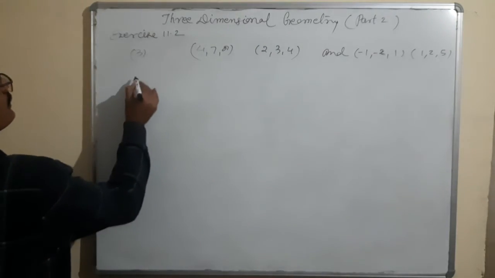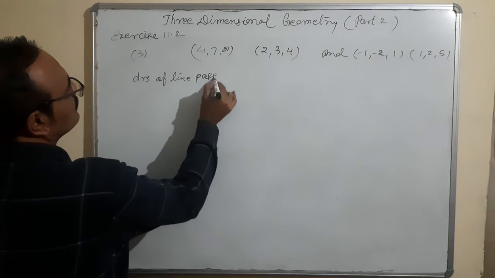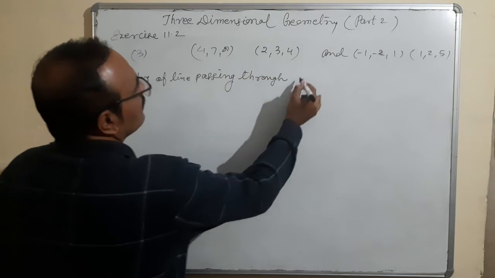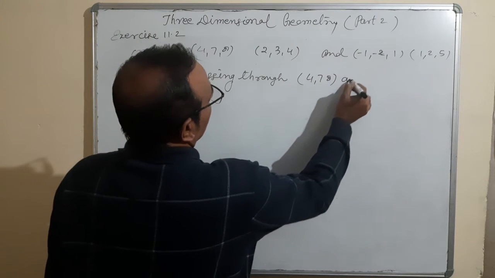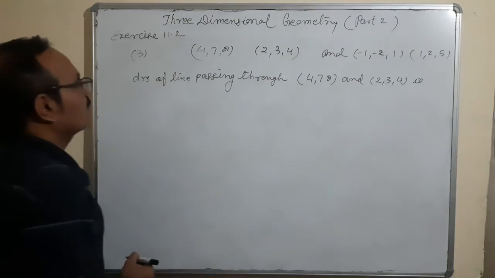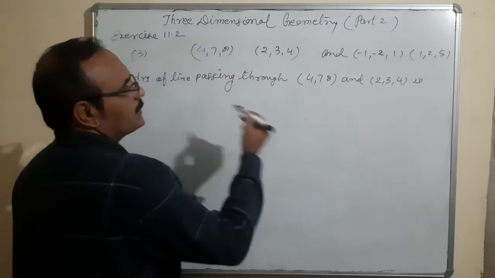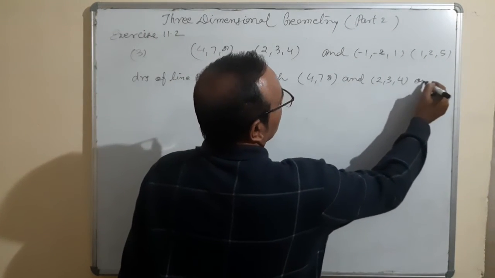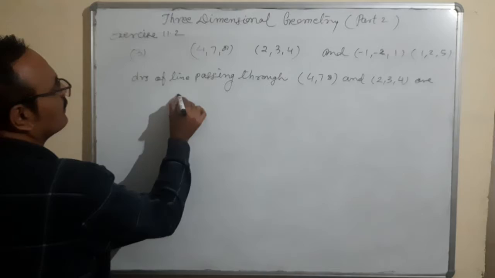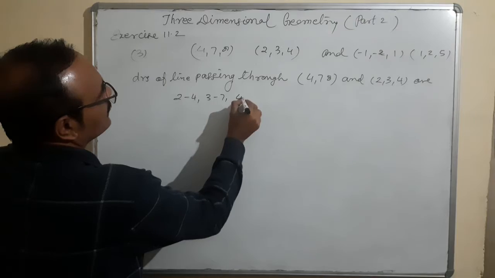The direction ratios of the line passing through 4, 7, 8 and 2, 3, 4 are x2 minus x1, so 2 minus 4, 3 minus 7 and 4 minus 8.